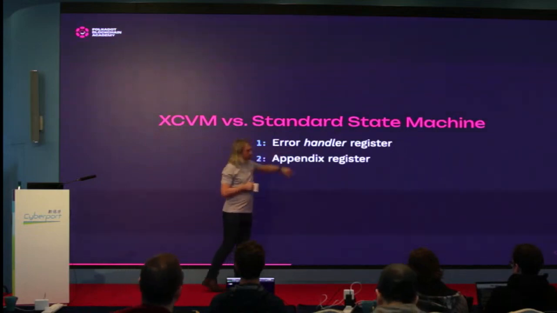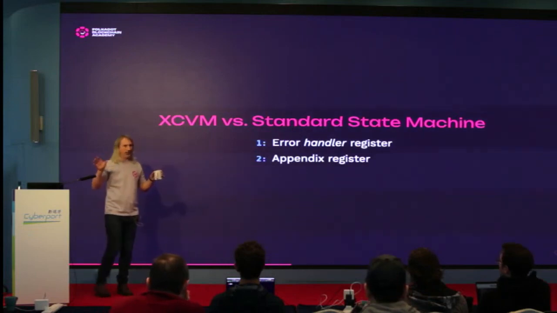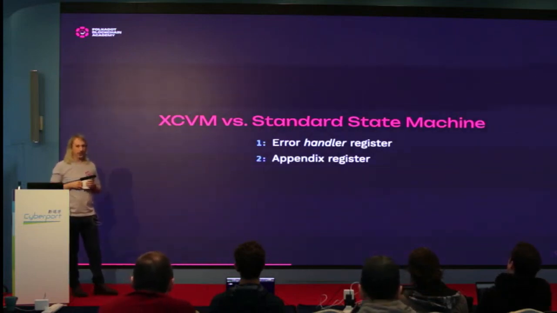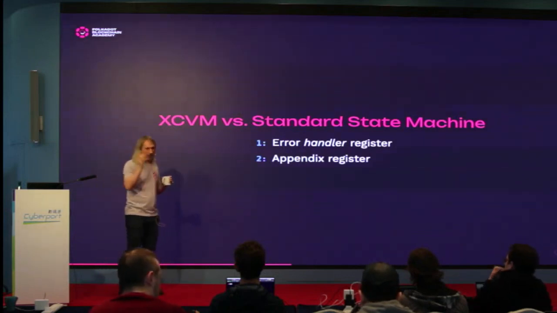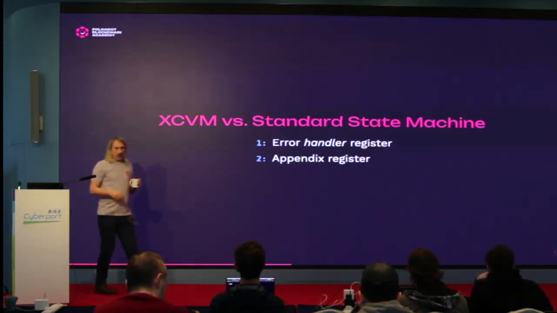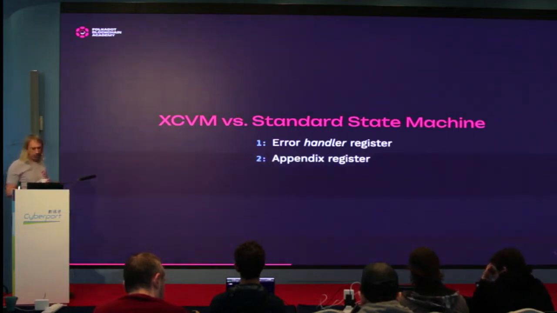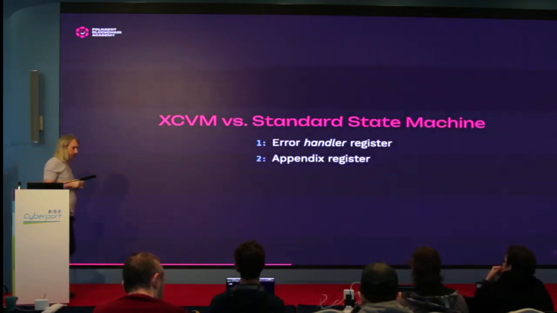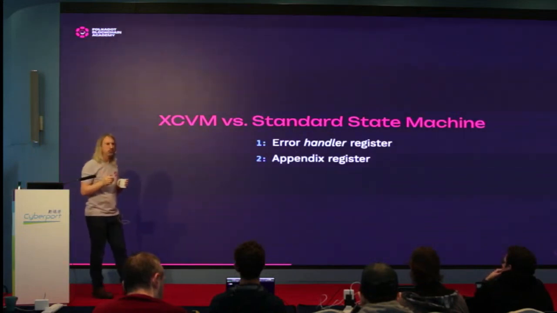And using these two, you can write programs that can basically handle errors, right? And you can do things like send query responses back if there is an error, and do all of that sort of sophisticated error handling code. Good. These registers are settable with just instructions: set error handler, set appendix. Right?